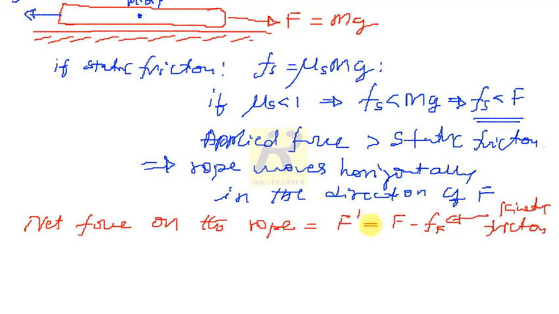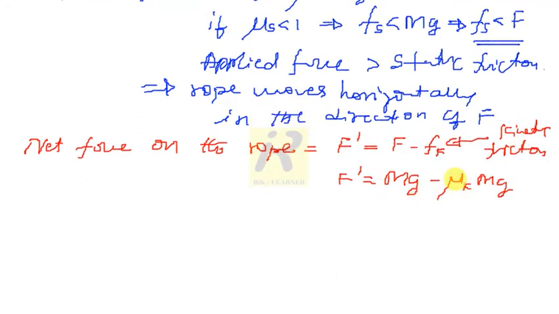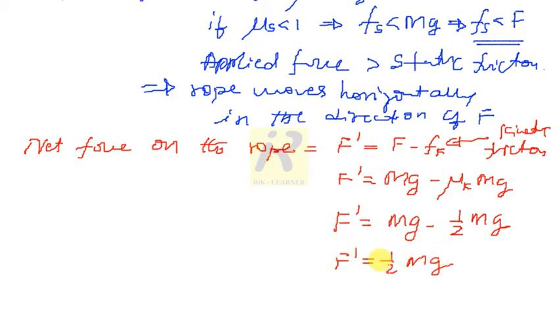This comes when the rope moves horizontally in the direction of the applied force. So F dash is equal to mg, the applied force, minus mu k into mg. Since mu k is half, F dash is equal to mg minus half mg, so F dash is equal to half mg.